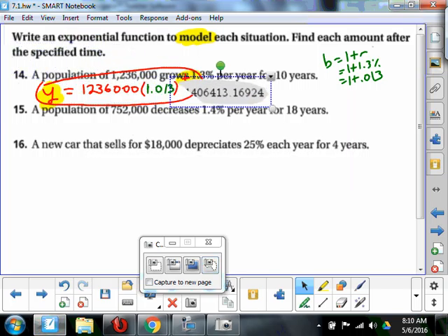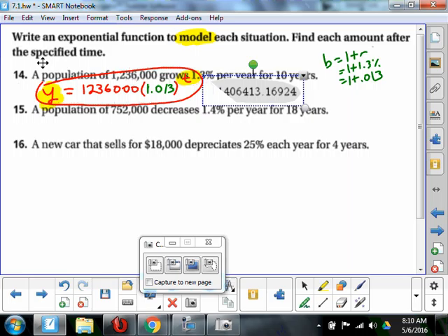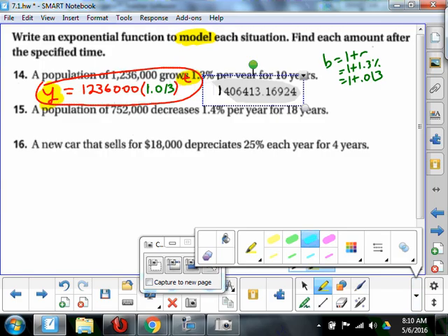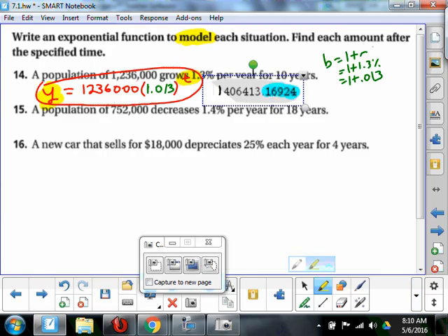We're talking about people. So if we have 1,406,413.16924 people, what I would like to think about for a second is 0.16924 people. That's approximately 1/6 of a person.